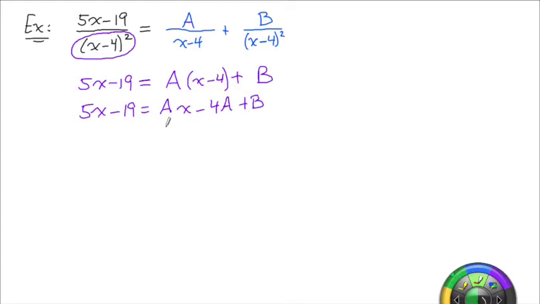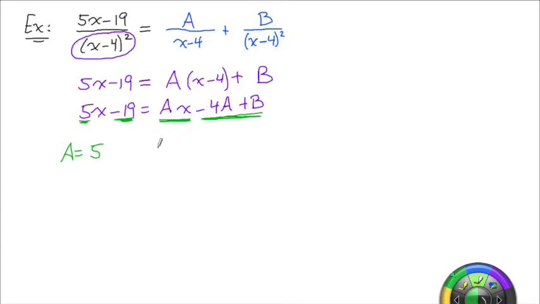Now you have to kind of keep your mind about this. This is your linear term, the degree 1 term. This is your constant. And the coefficient of our degree 1 term is 5, and our constant is negative 19. So our equation is going to be the coefficient of x has to equal the coefficient of x, and we're told right off the bat that a has to equal 5.